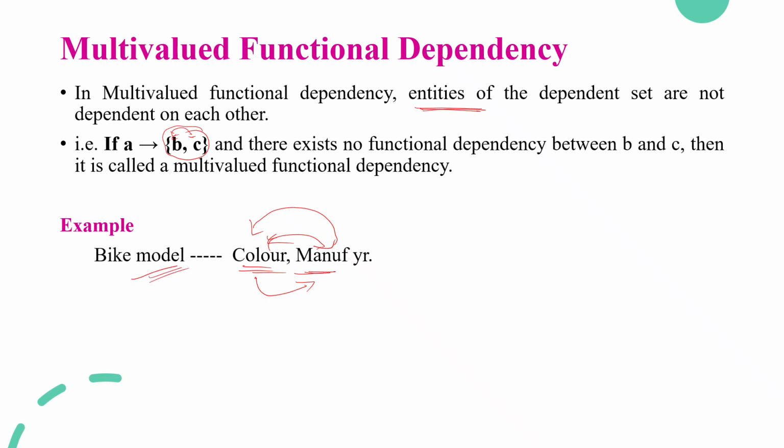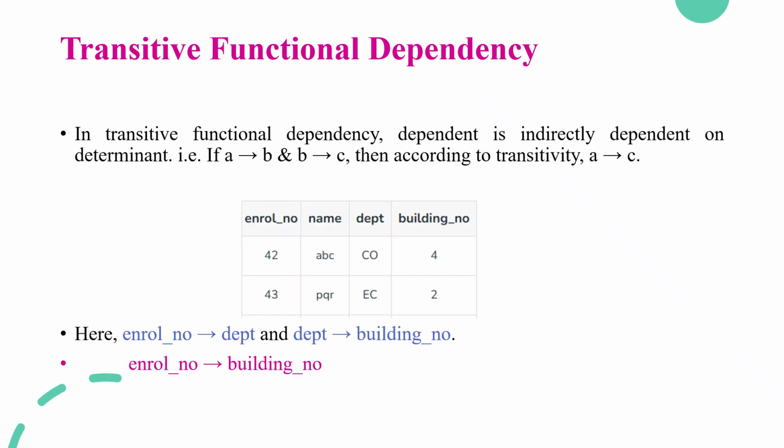So these two are independent. That's why this is called a multivariate functional dependency.